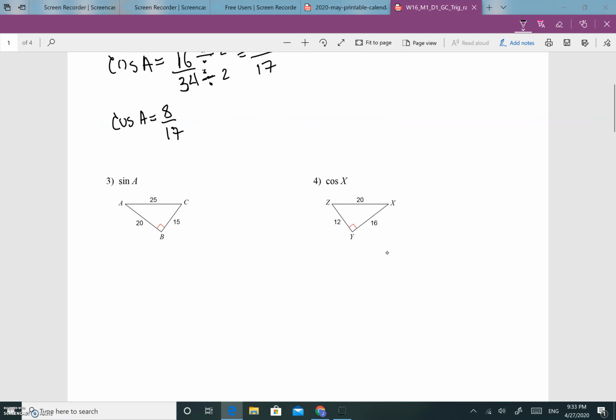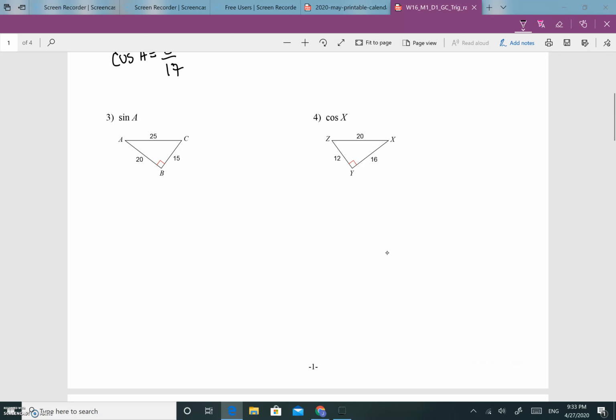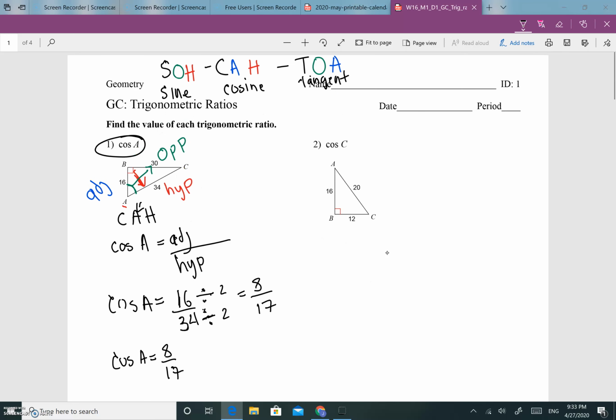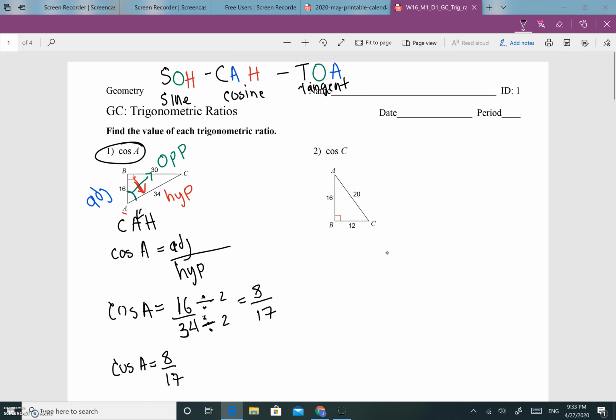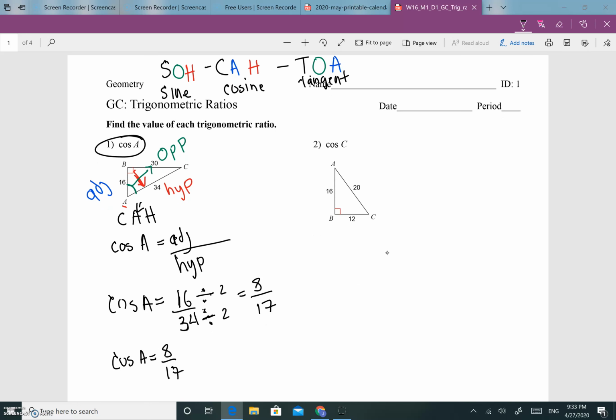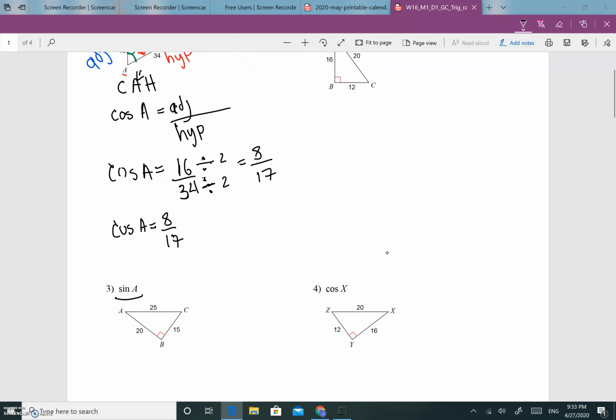Let's do number 3. So for number 3, we're looking at sine of A. So which one am I working with? Which one is sine of A? Is it going to be the first one, the second one, or the third one? Well, sine is going to be the first one. So this is going to be the one that I'm going to be using, SOH.